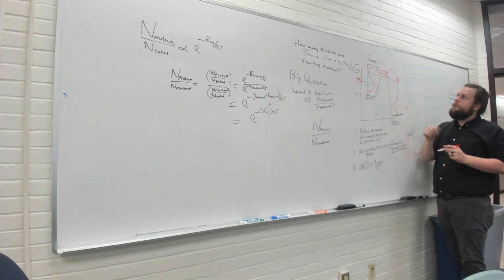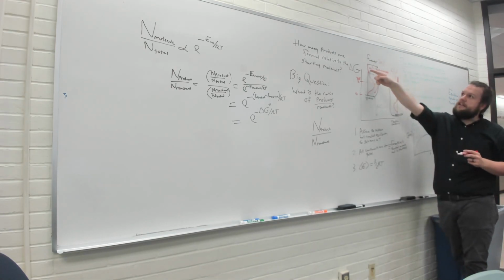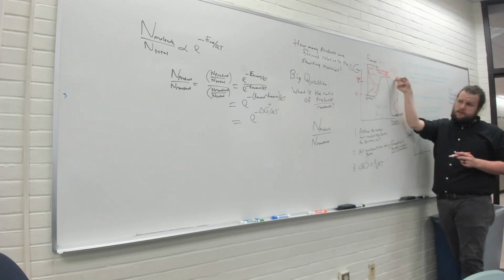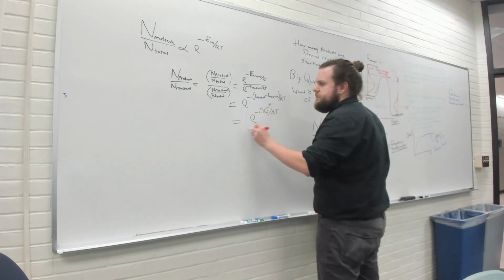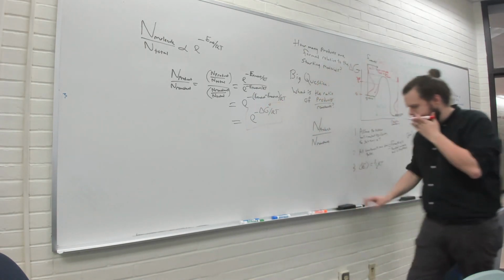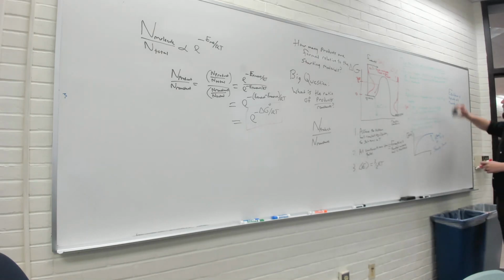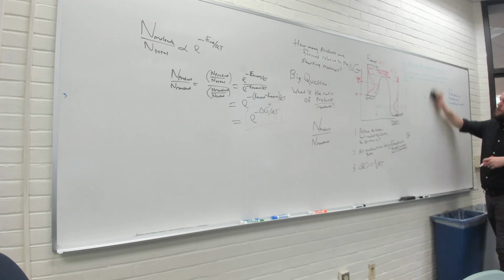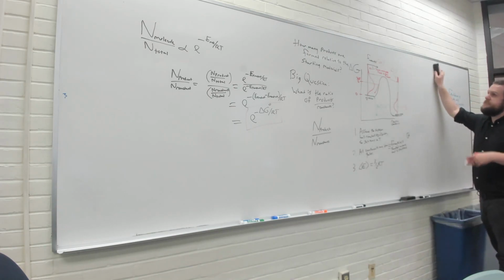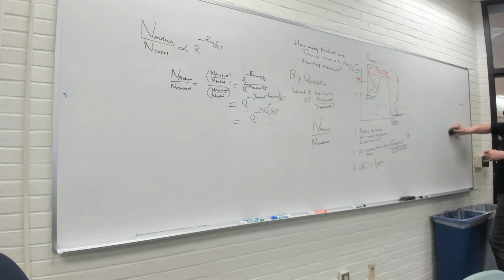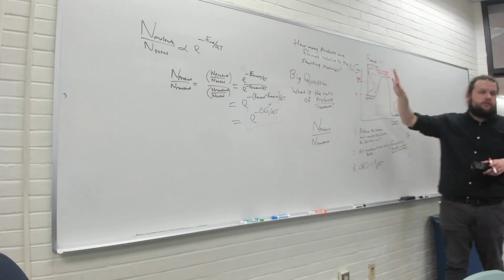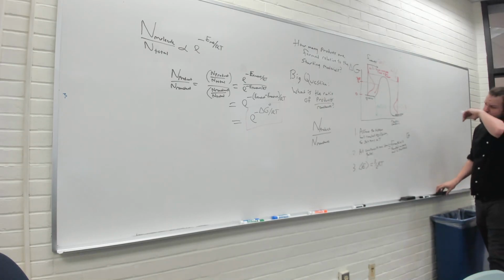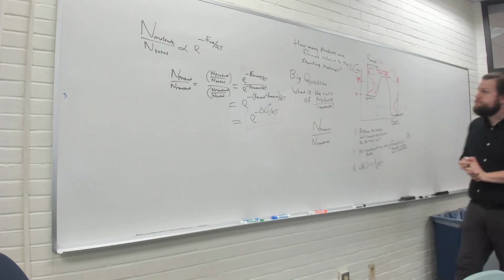And the ratio of reactive reactants versus reactive products is still just e to the minus delta G over RT. We're going to come back to this when we go to kinetics. We'll look at this exact same schematic, and with this knowledge, we can also calculate the rate constant as well. But we're not quite there yet.